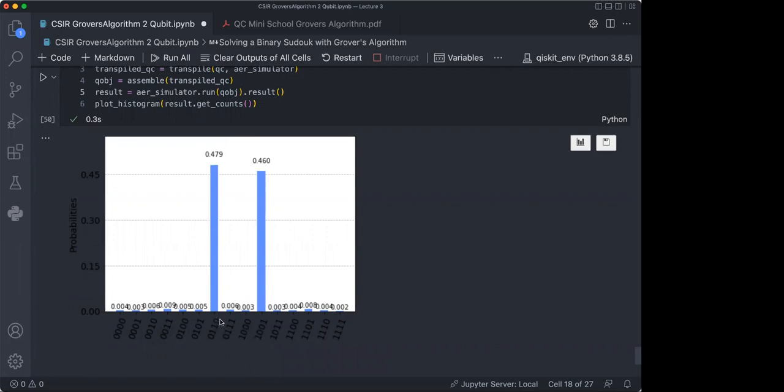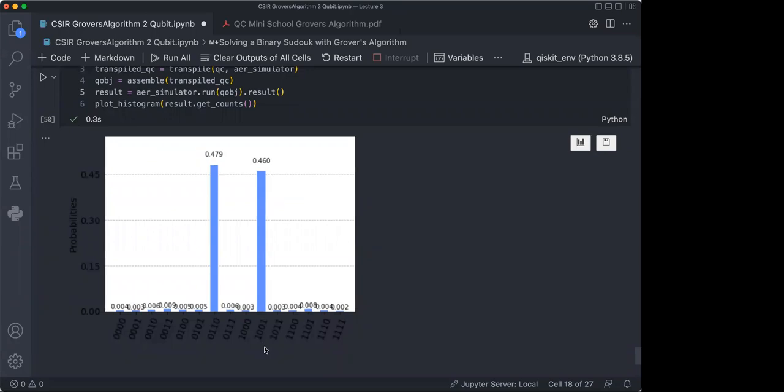So, for example, if V0 is 0, V1 is 1, V2 is 1, and V3 is 0, we're using the diagonals, which I mentioned in the beginning. And as you can see, after 2 iterations of Grover's, we found the solutions to our Sudoku problem.